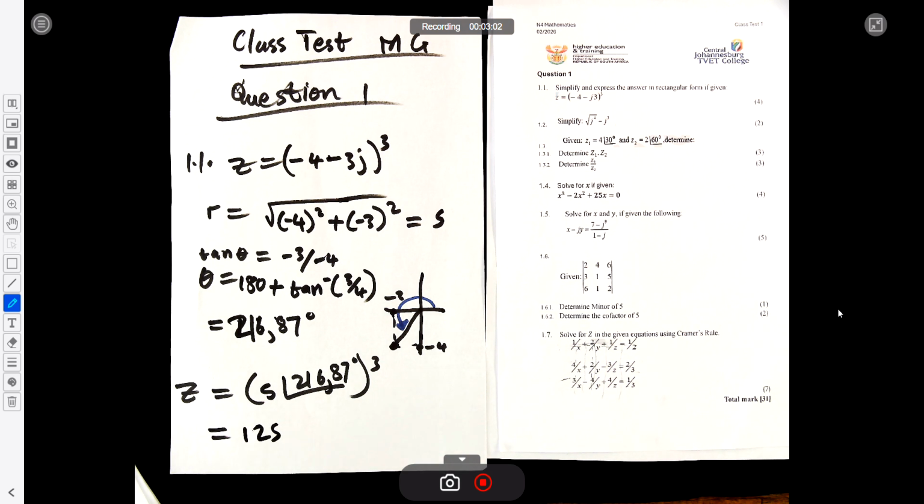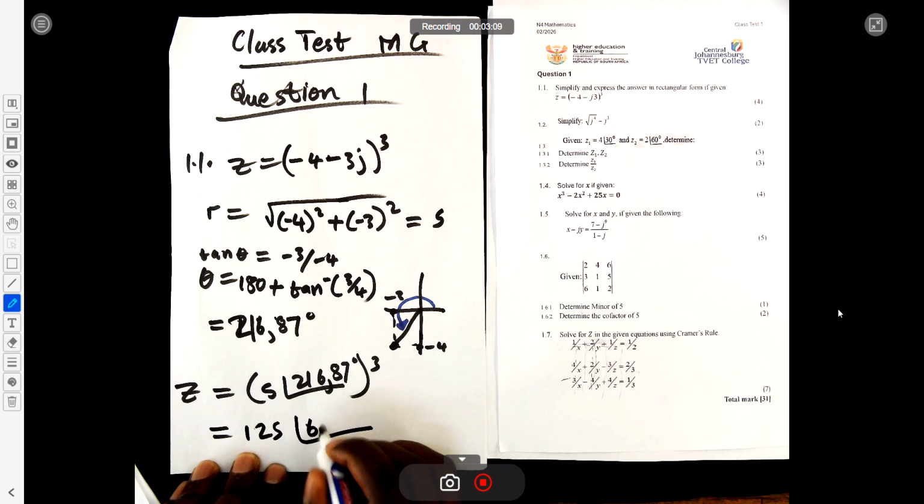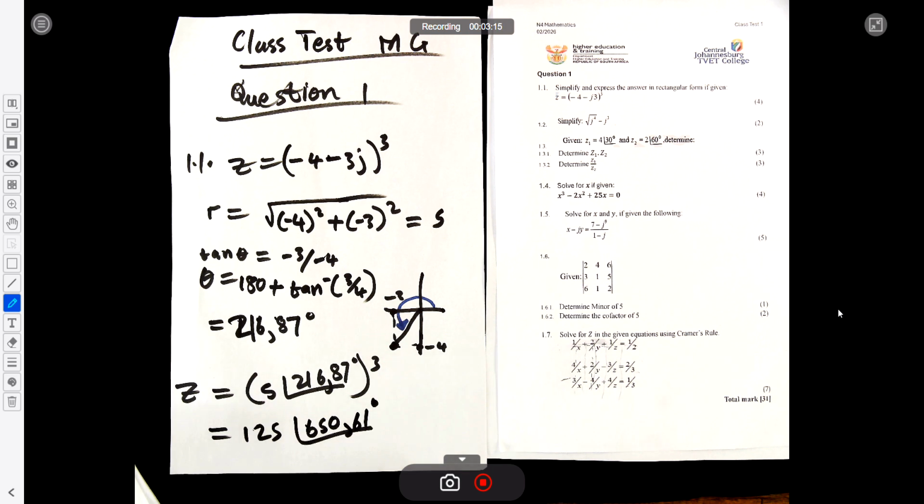The rule states that you must multiply the angle by 3. So you say 3 times 216.87, which is 650.61 degrees.